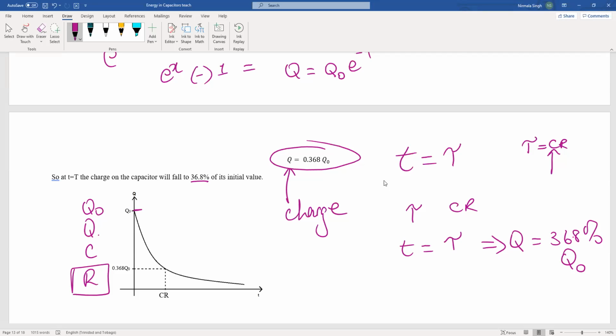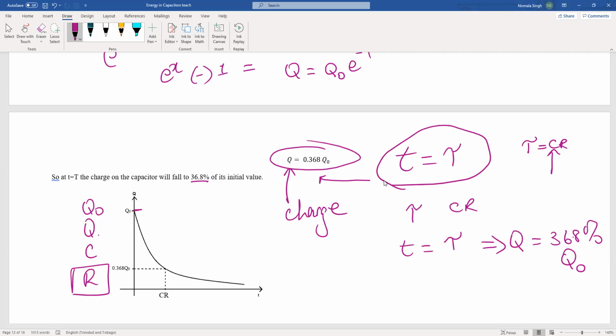They can do this because they know that when time is equal to the time constant, the charge is 0.368 of the initial charge. So this is an important topic to note. When you have time at your time constant, you get 36.8% of the initial charge.